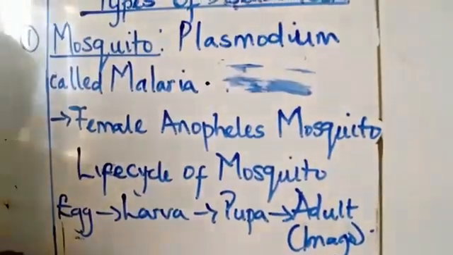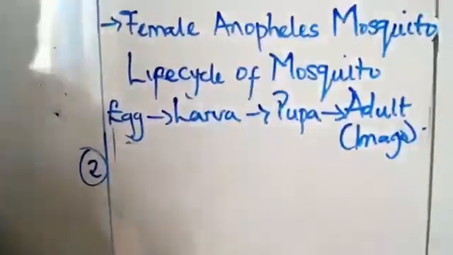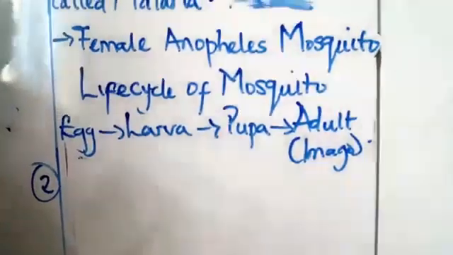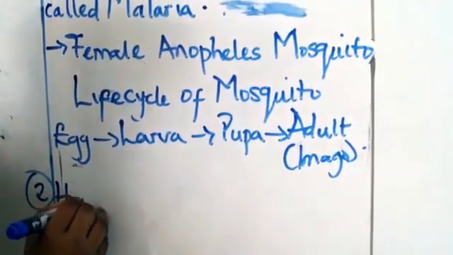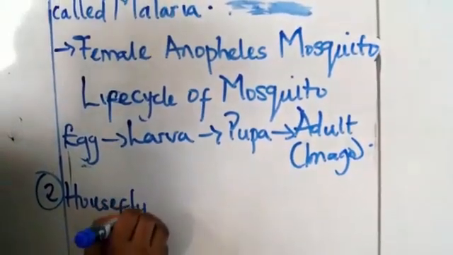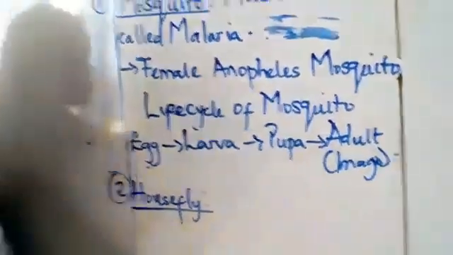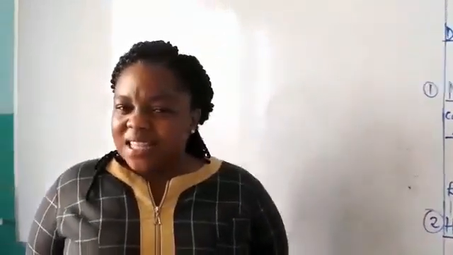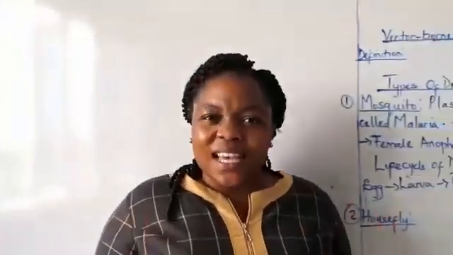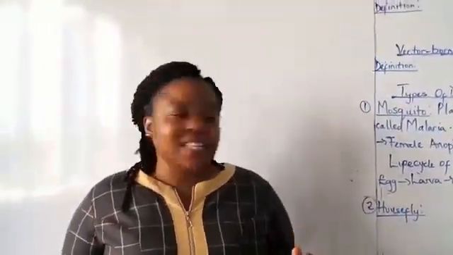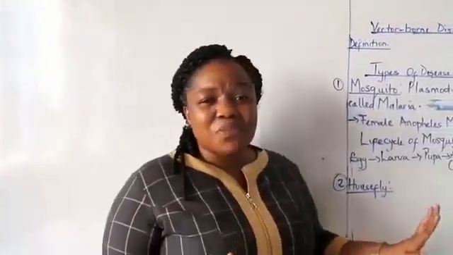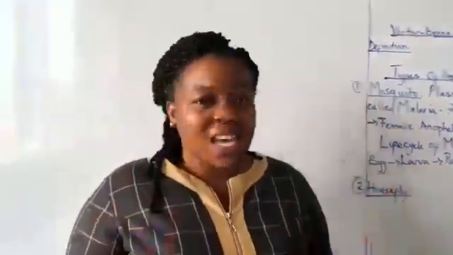Now, the second case study of types of vector is the housefly. Housefly can be found anywhere in our surroundings, especially in an environment that is untidy and dirty. This housefly transmits different kinds of diseases.